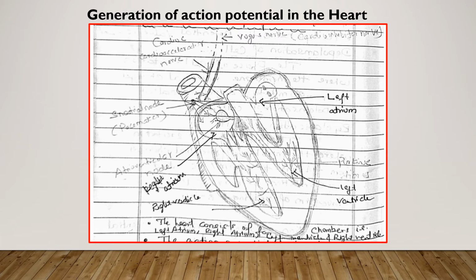At the AV node, some fibers act as a delay line to provide proper timing between the action of the atria and ventricles. Then the action potential is rapidly spread to all parts of the ventricles by special fibers called Purkinje fibers, through which it is circulated in the heart.